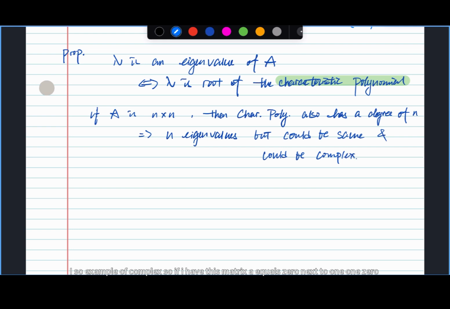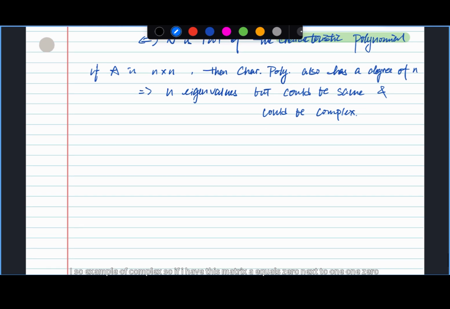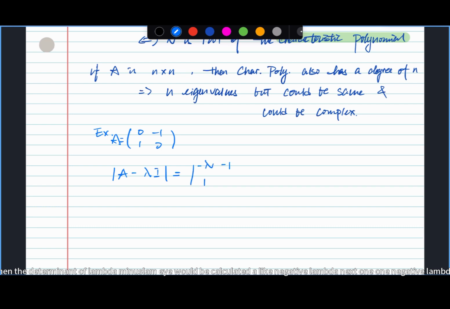Okay, so an example of a complex case. If I have this matrix A equals (0, -1; 1, 0), then the determinant of A minus lambda I would be calculated as (-lambda, -1; 1, -lambda).